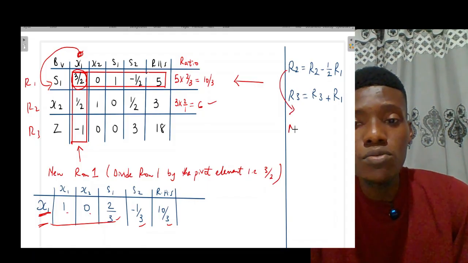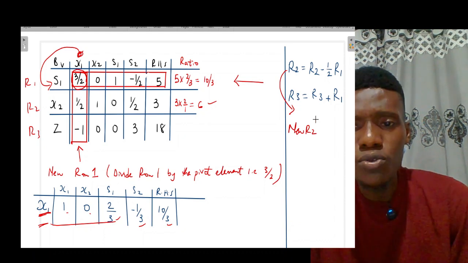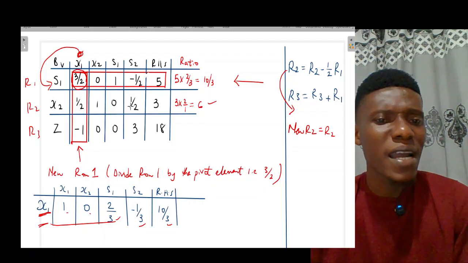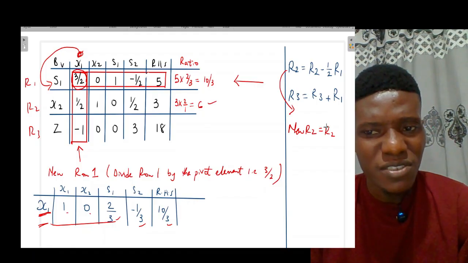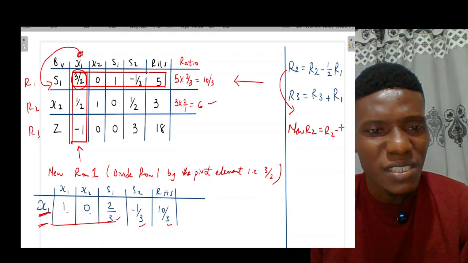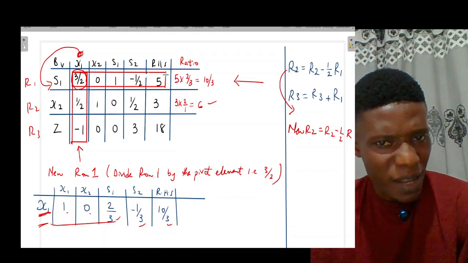To get your new row 2, don't forget the logic. New row 2 is the same thing as row 2. Why are we using minus? Don't forget the pivot column. This is positive. That is why we are using minus here. Minus the 1 over 2 there times the pivot column. What's the pivot column?